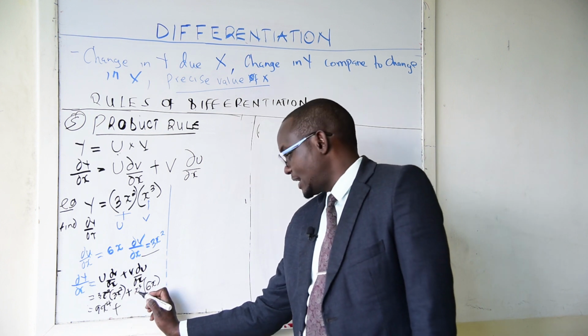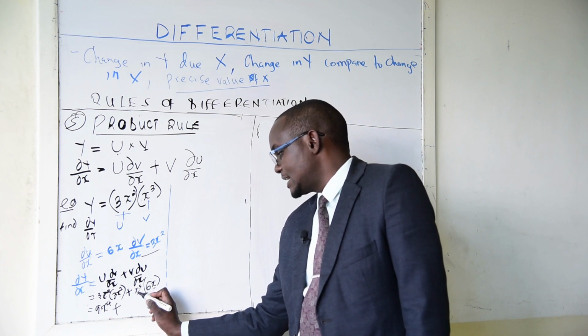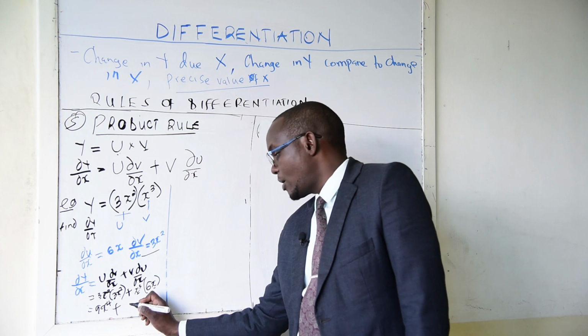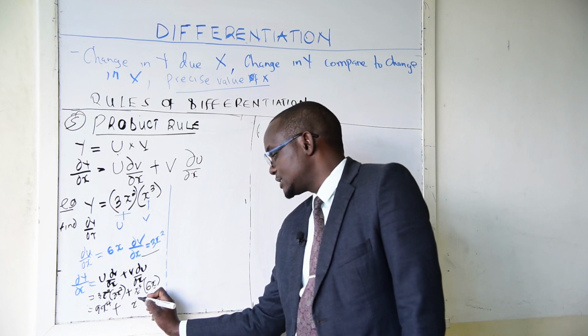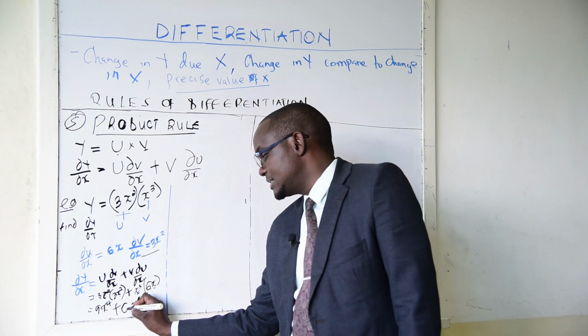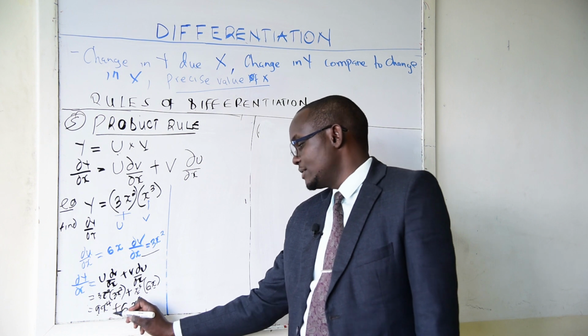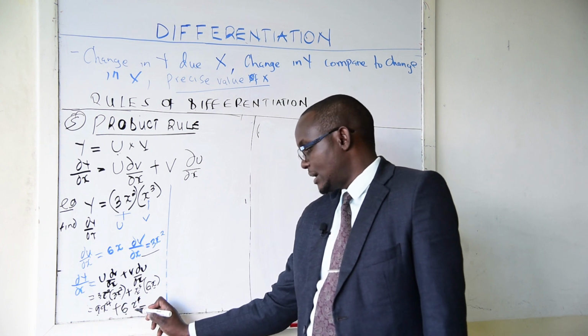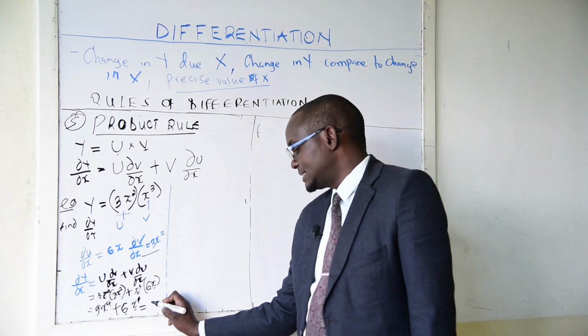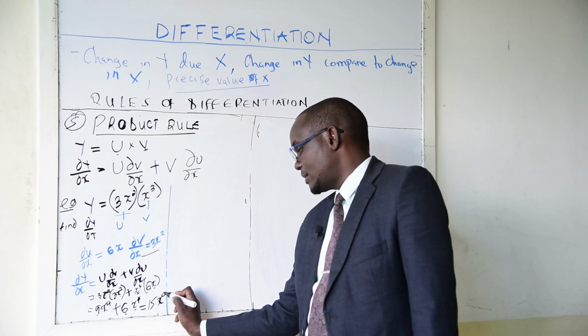Plus x cubed multiplied by this, that is x power 3 multiplied by x power 1, it means x power 3 plus 1, which becomes x power 4, and you retain this 6. In other words, dy over dx equals 9 plus this 6 x power 4. So 9 plus 6 is 15x power 4.